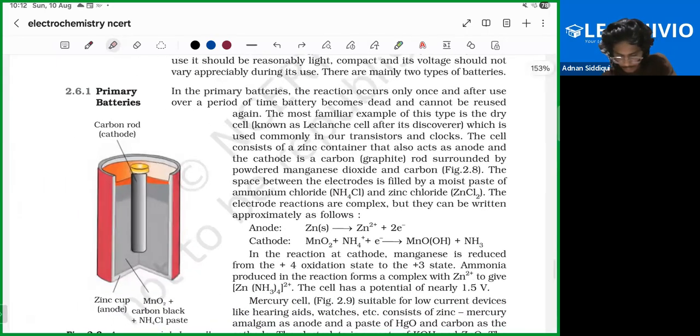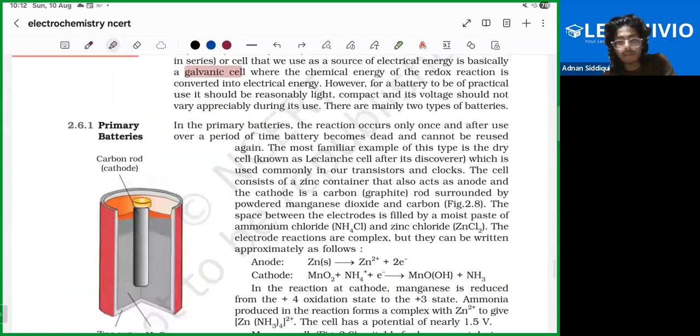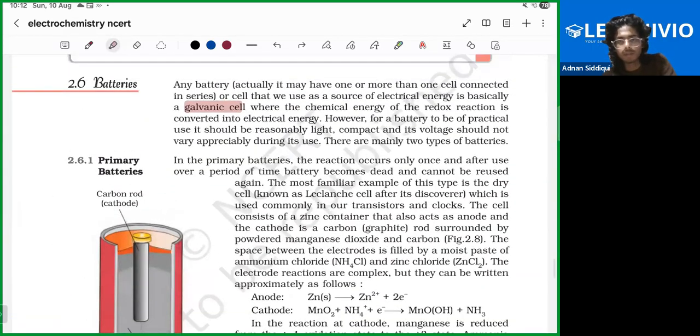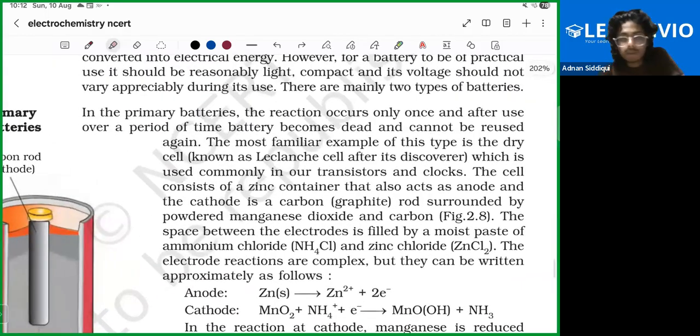Sir, batteries like in the remote, the cell battery, Duracell, right? The most familiar example of this type is the dry cell, which we call the Leclanche cell after its discoverer, which is used commonly in transistors and clocks.